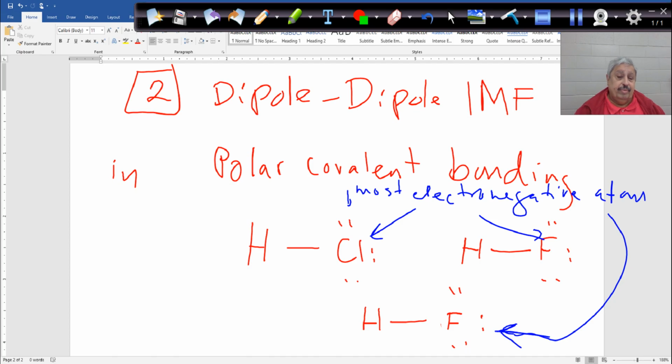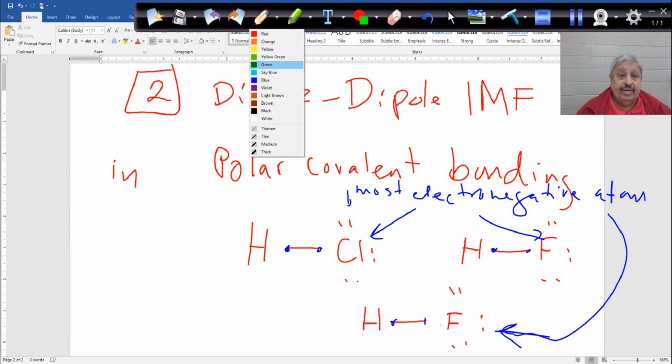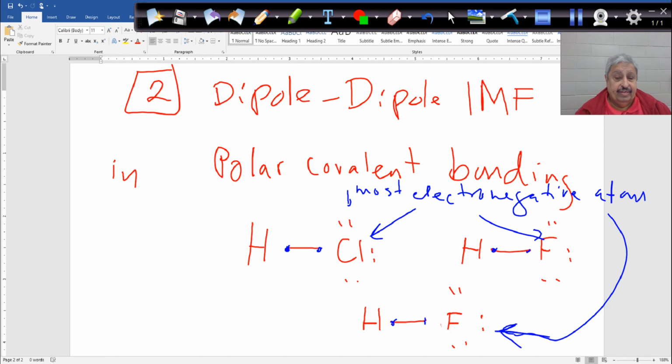Okay, so what will happen is this electron here, those are making a single bond, and this goes here too, and this one here too. So there will be partial delocalization of the valence electrons. Starting from here, these valence electrons will be pulled by the most electronegative atoms.